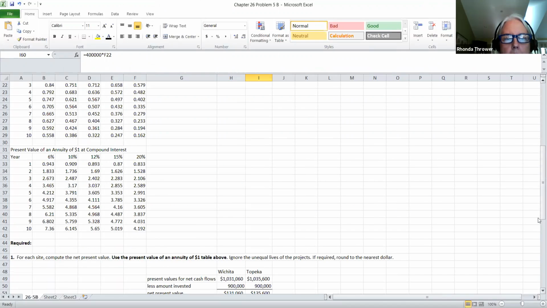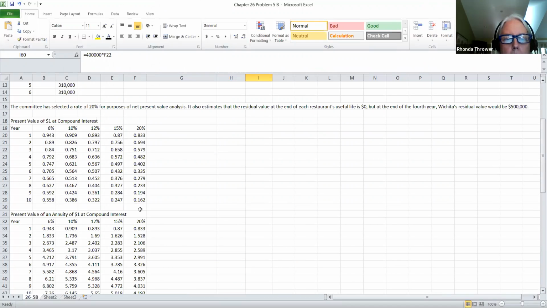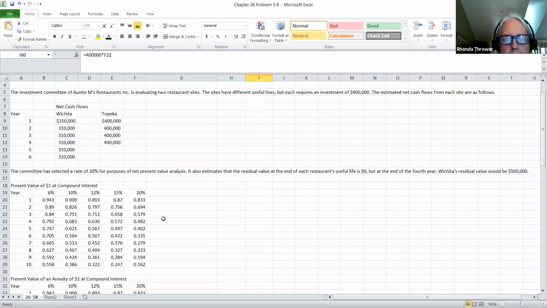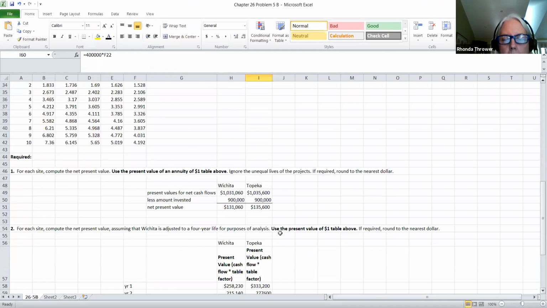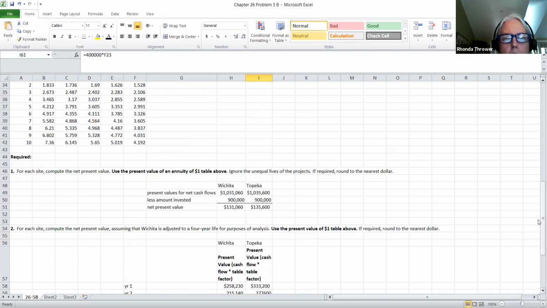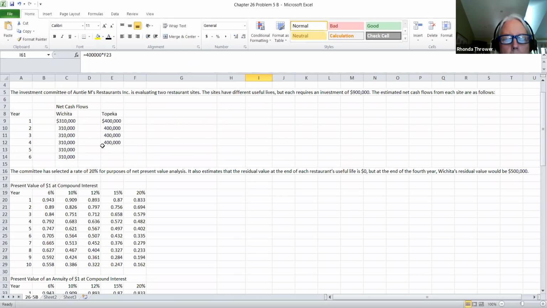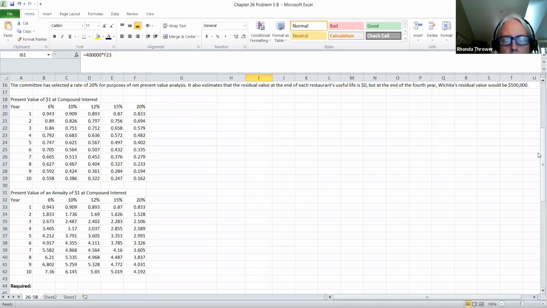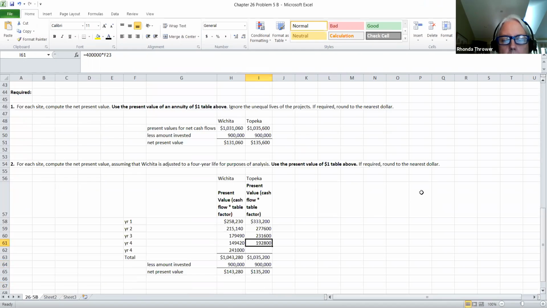In year 3, we'll take the 400,000 and multiply it by 0.579. And in year 4, we're going to take the 400,000 and multiply it by 0.482, and that will give you the present value for it.